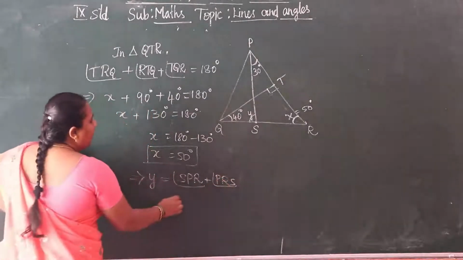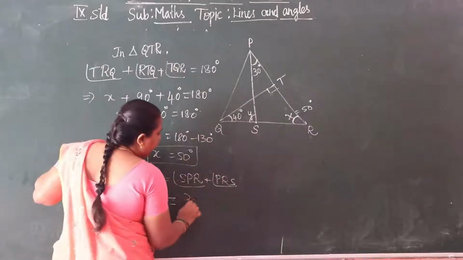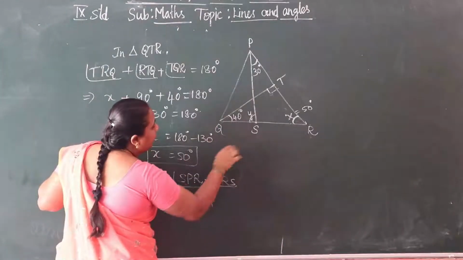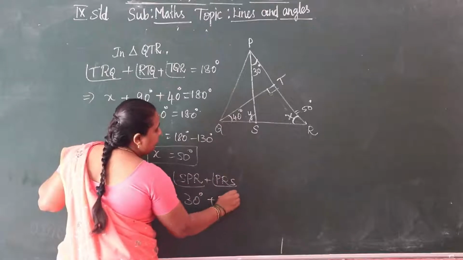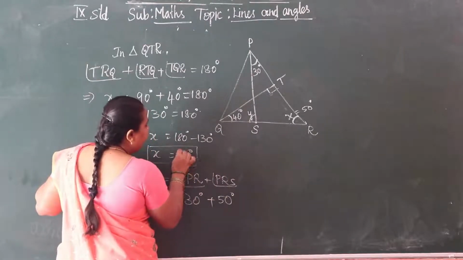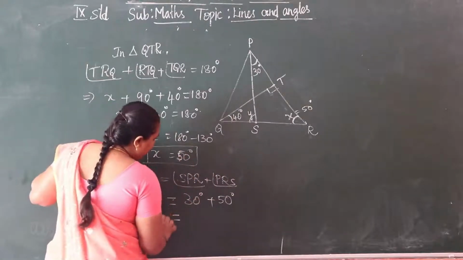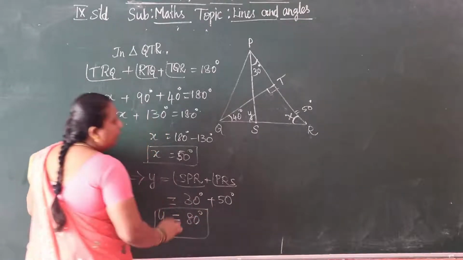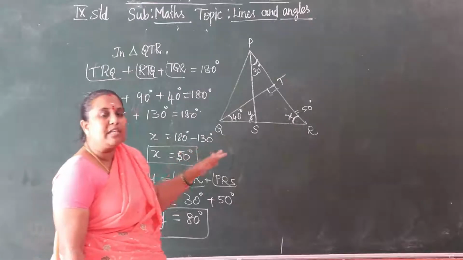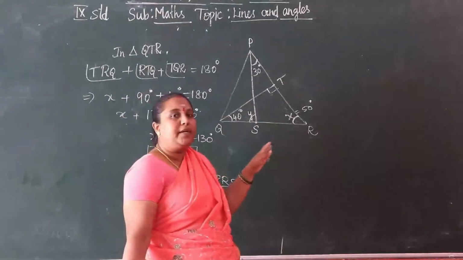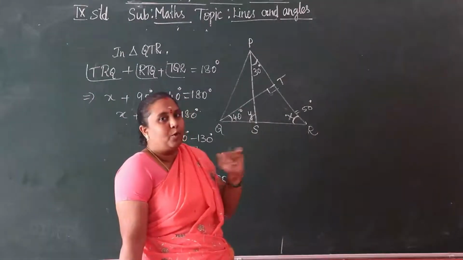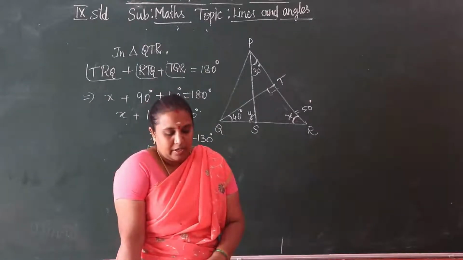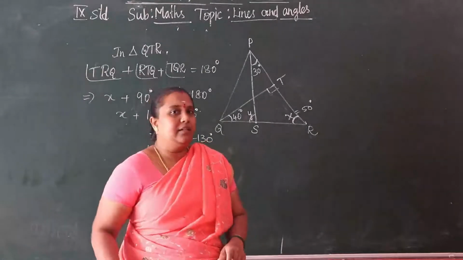So what is SPR? 30 degrees, plus what is PRS? 50 degrees. X we found out the value 50 degrees now. So Y equals 80 degrees. We found out the values by using the angle sum property and the exterior angle property. Understood, children? Now let us see example 8.